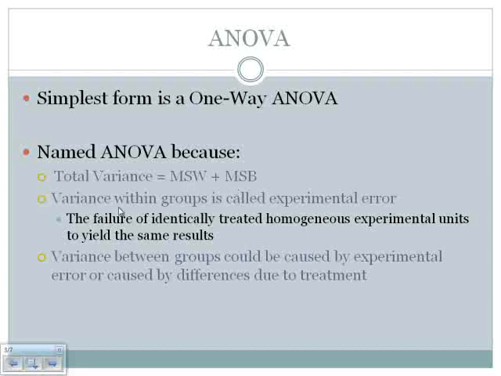Now, the variance within the groups is something called experimental error. By definition, experimental error is the failure of identically treated homogeneous experimental units to yield the same results. So as a little bit of an explanation of that, think about if we use good research methods and we randomly assign members of our experiment to, let's say, one of 4 groups, and each of those 4 groups is going to get a different amount of a drug.